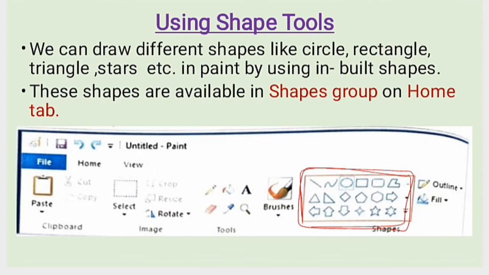With the help of these tools we can draw a line, curve, oval, square, rectangle, different types of shapes, stars, arrows. All these shapes are inbuilt in the Paint window, so it makes our work easier.